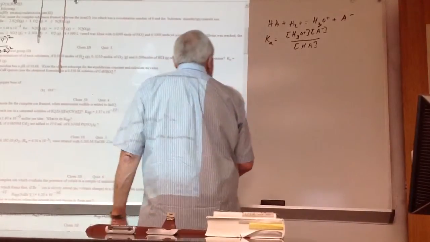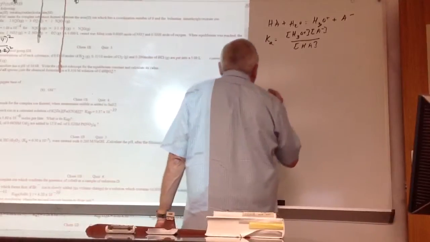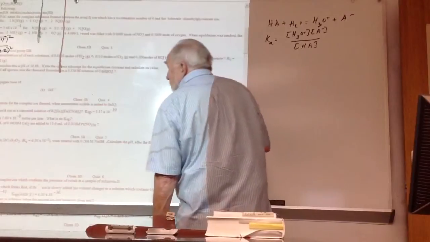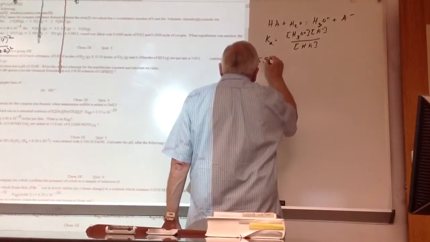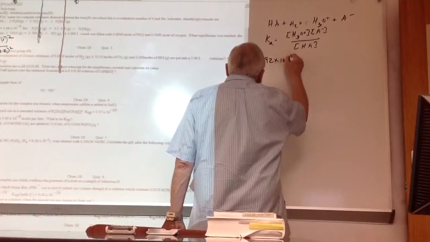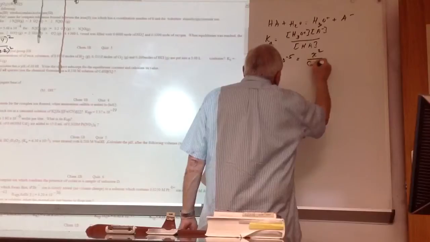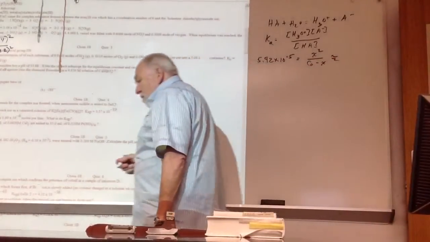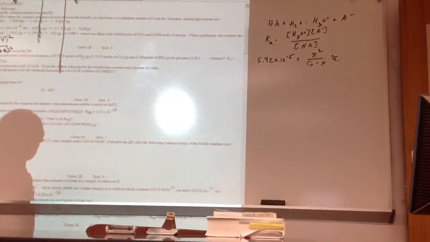So you're doing the Ka, you got this thing set up. I said all acids and bases, we ultimately end up with this problem. Ka 5.92 times 10 to the minus 5. And I said, for 99% of the problems, you are going to have the first approximation being satisfactory.